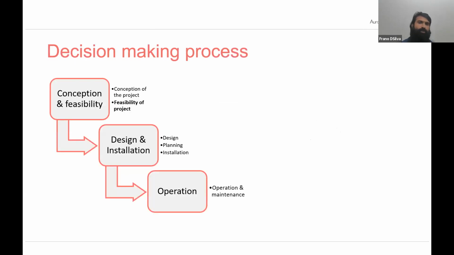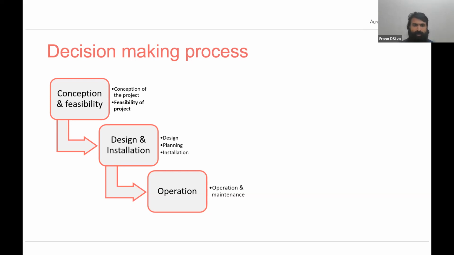To take you through the decision-making process for installation of solar panels, we start with the conception and the feasibility check, where the concept is brought into an inception, the concept is clear, and the feasibility of this project is checked. Further, the design aspects and planning take place, and finally the installation is done.